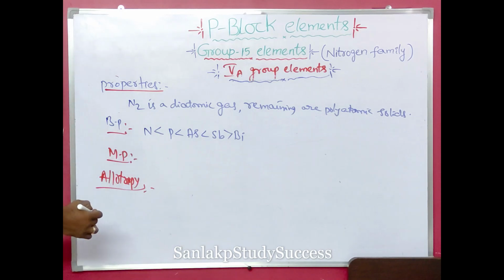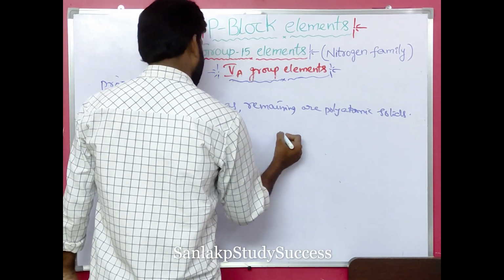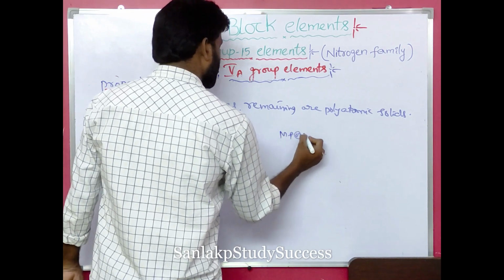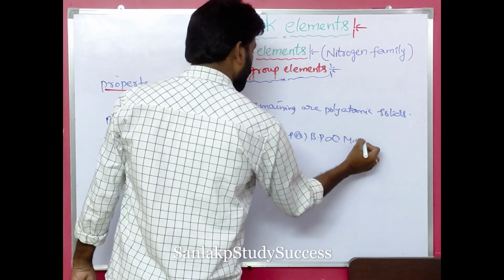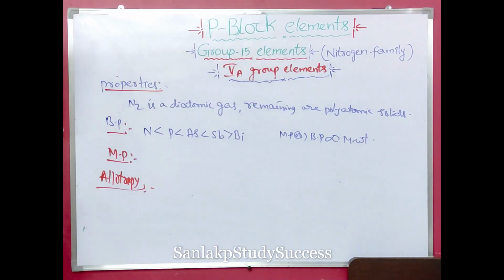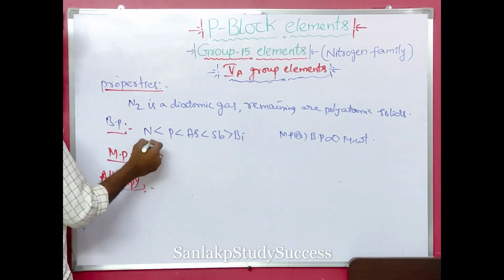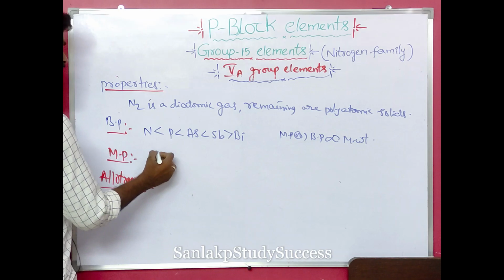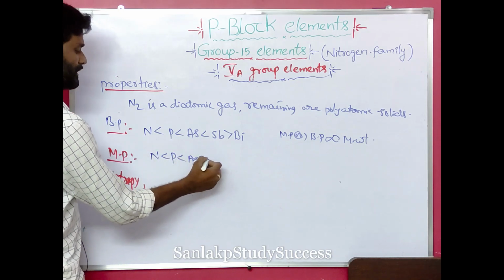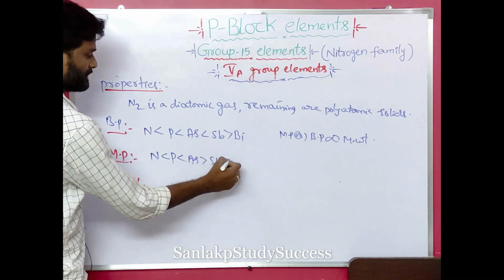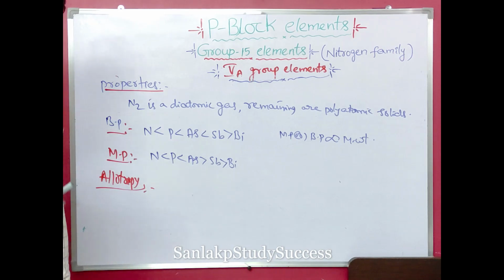We know that boiling point and melting point are directly proportional to molecular weight, but here this can show abnormal behavior. And similarly, what is melting point? Nitrogen, phosphorus, arsenic, less than antimony, less than bismuth. Right, this is the order. This is also an irregular order.